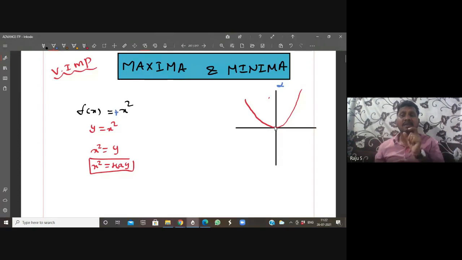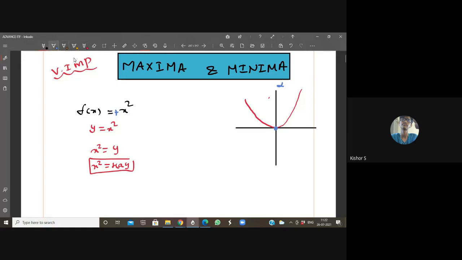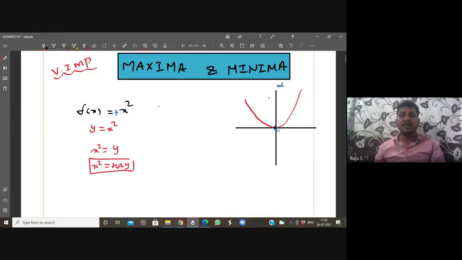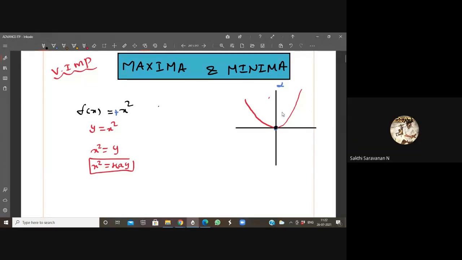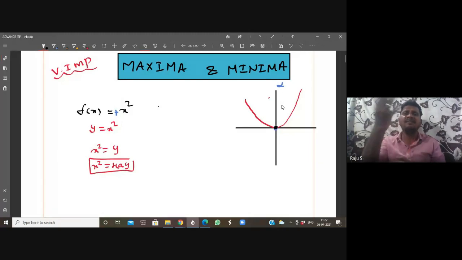But in this function, will it give a minimum value or maximum value? We can find the minimum value. Maximum we can say directly is infinity; it tends to infinity. When x increases, y also increases.